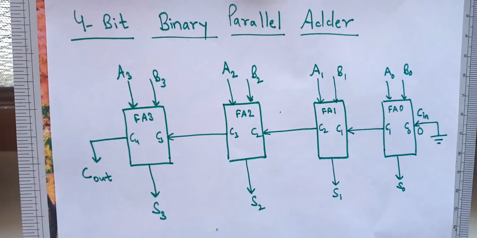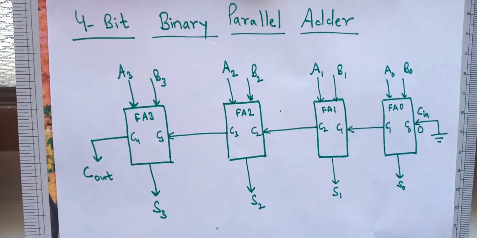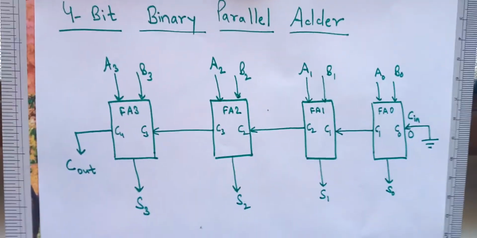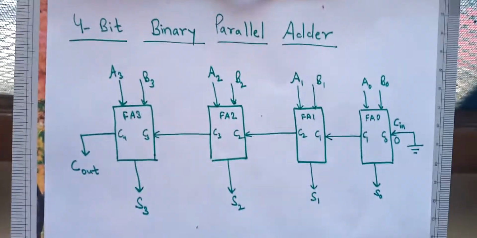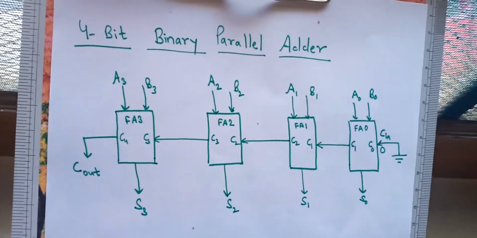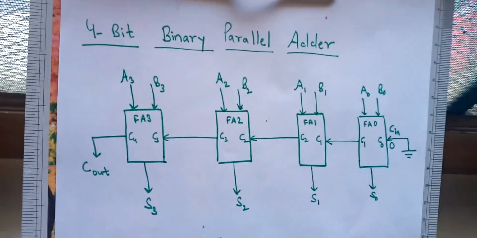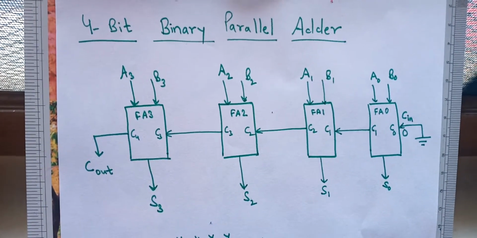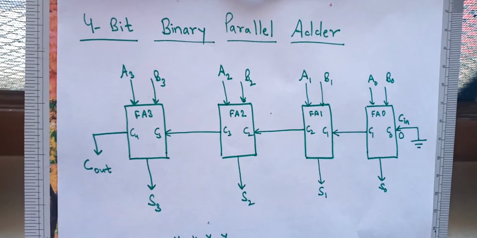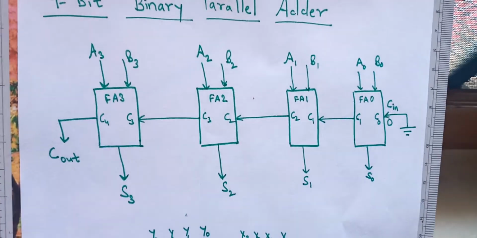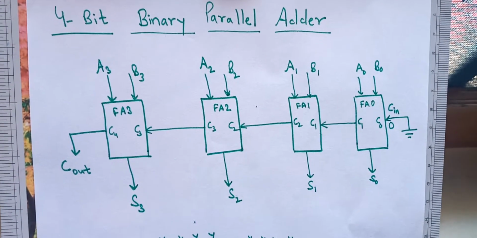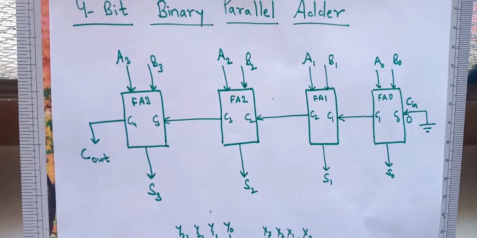This C3 is sent to full adder 3. It means the output carry of FA2 will become the input carry of FA3, and there are 2 inputs already, A3 and B3, which are the most significant bits of the 2 numbers.